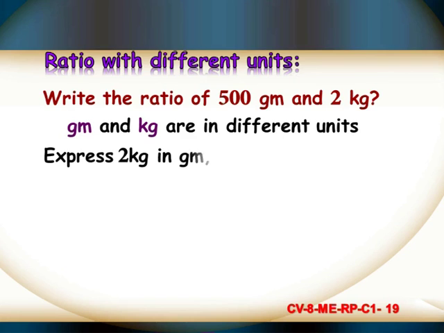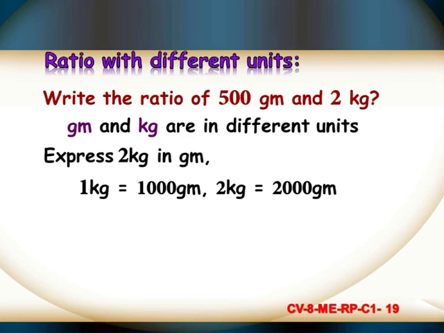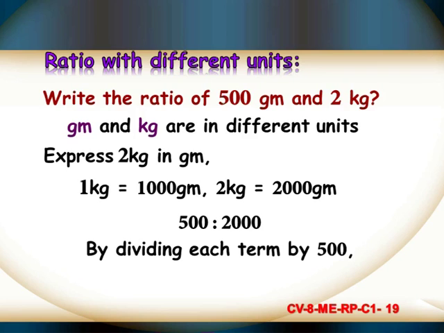Hence, express 2 kg in grams and then write the ratio. 1 kg is equal to 1000 grams. So, 2 kg is equal to 2000 grams. The required ratio is 500 is to 2000. By dividing each term by 500, we get 1 is to 4.